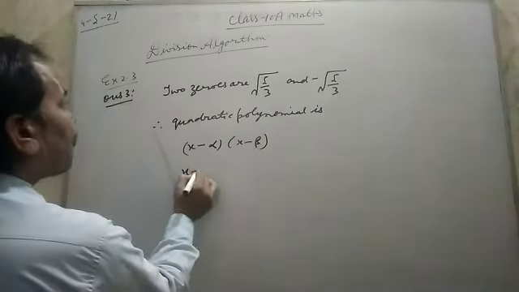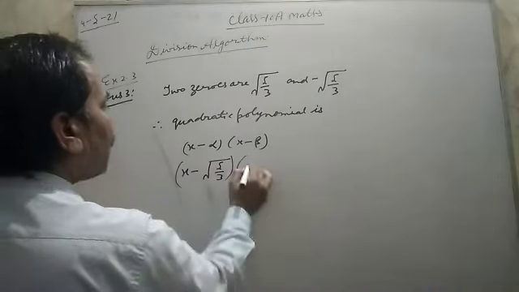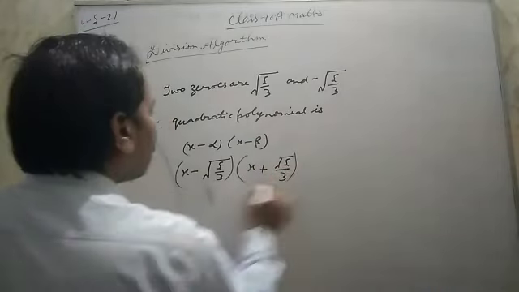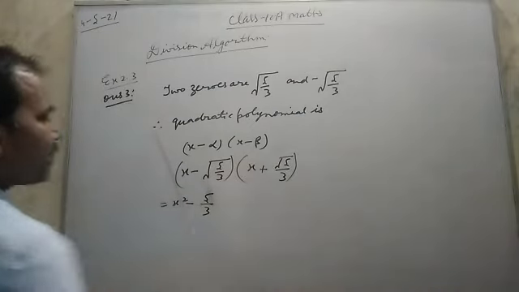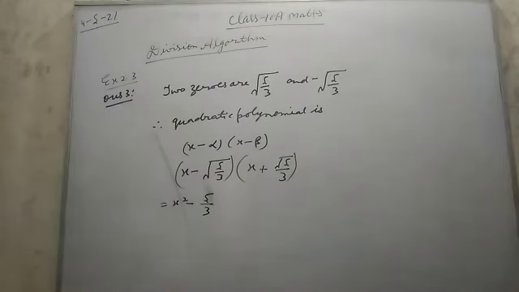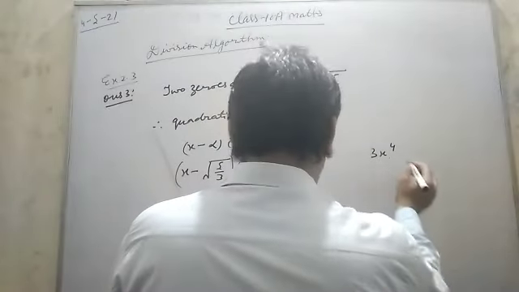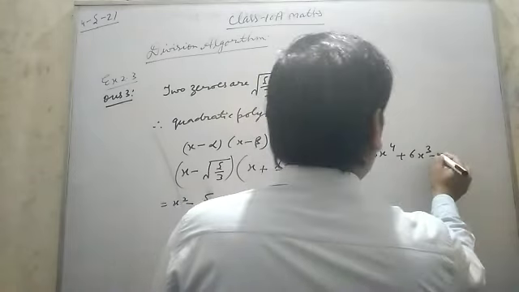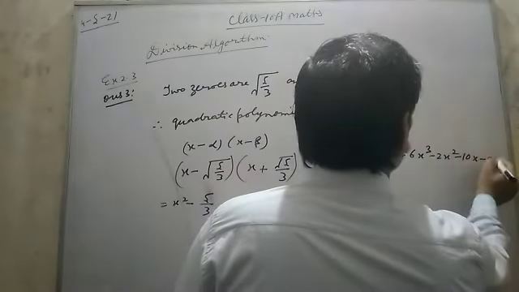Okay, so x minus alpha is root 5 by 3 and beta is minus here also, so plus. So a minus b, a plus b, so a square minus b square, so x square minus 5 by 3. So by this you divide the given polynomial. The given polynomial is 3x power 4 plus 6x cube minus 2x square minus 10x minus 5.